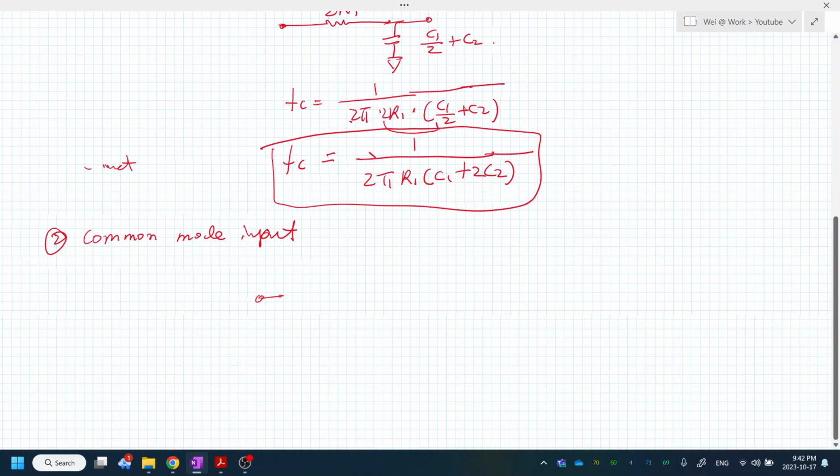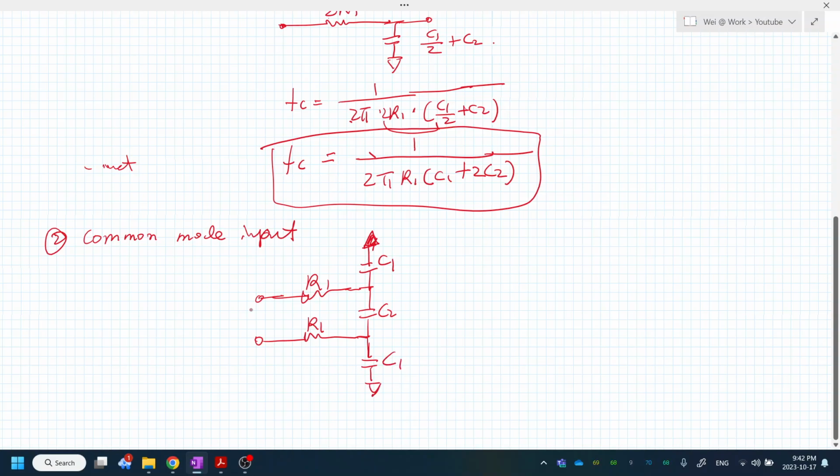We've got R1, another same value R1, and C2, and the C1. C2 and C1 here to ground, and another equal value C1 to ground here.